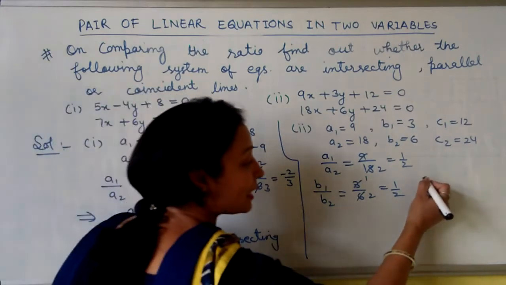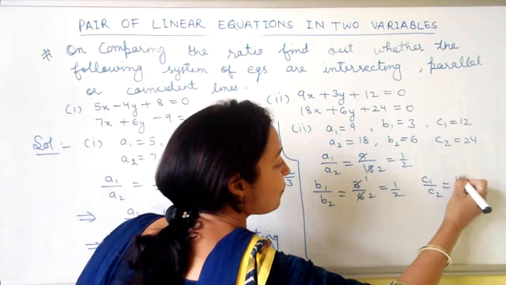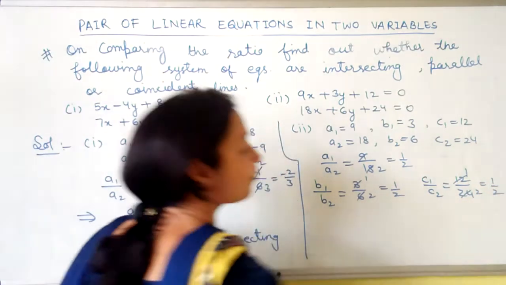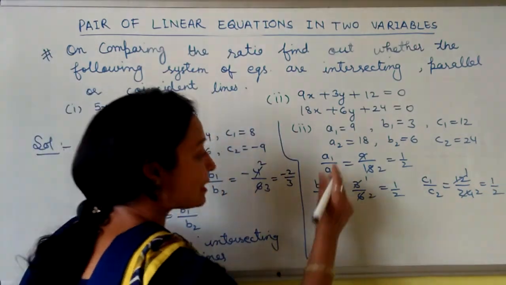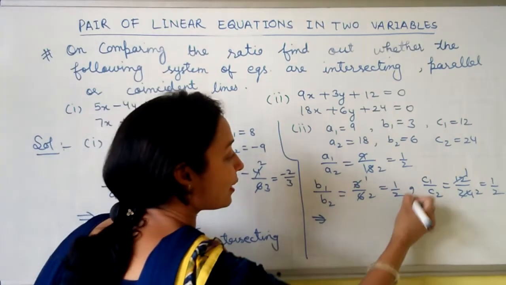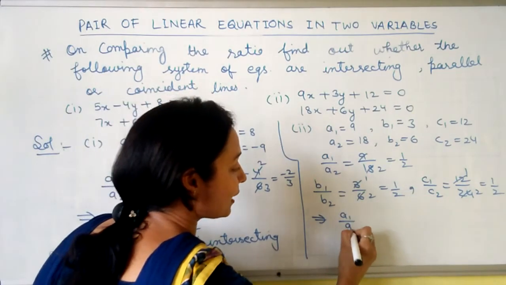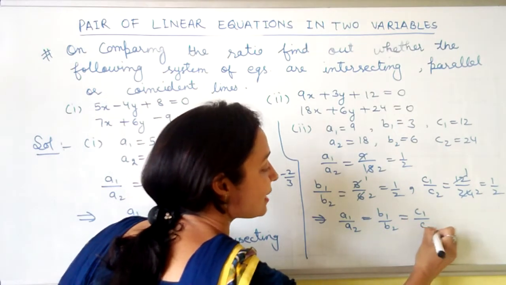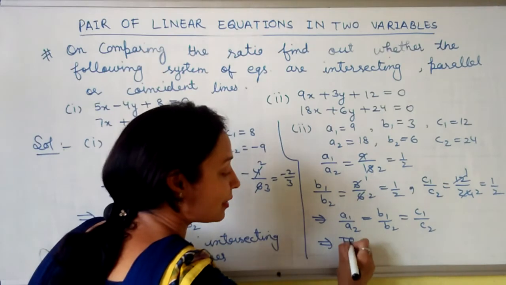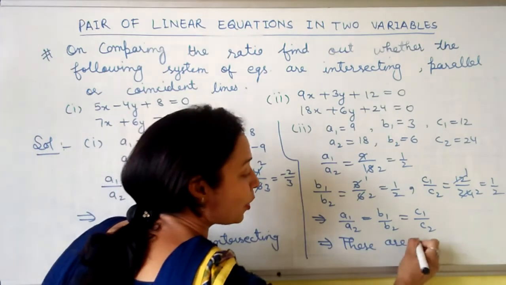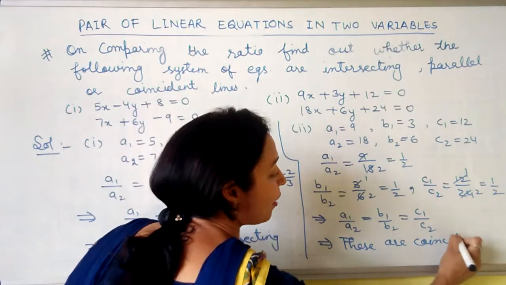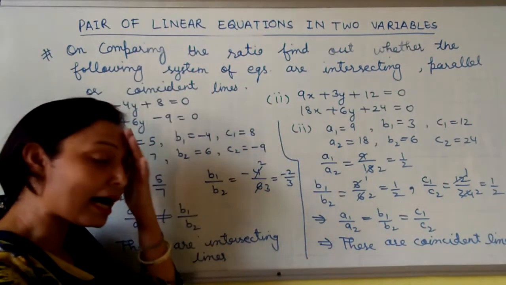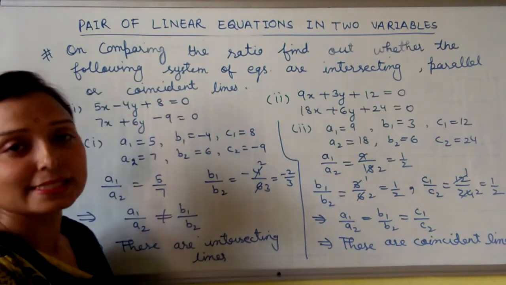Now C1 upon C2, that is 12 by 24, after cancellation we get 1 by 2. This implies these three are equal. So A1 upon A2 equals to B1 upon B2 equals to C1 upon C2. That means these are coincident lines. In coincident lines, all the ratios are equal.